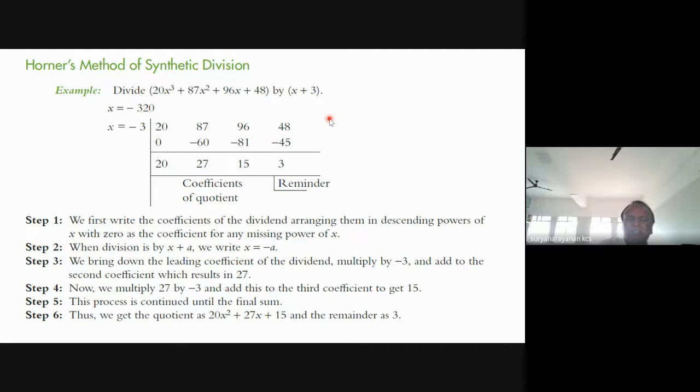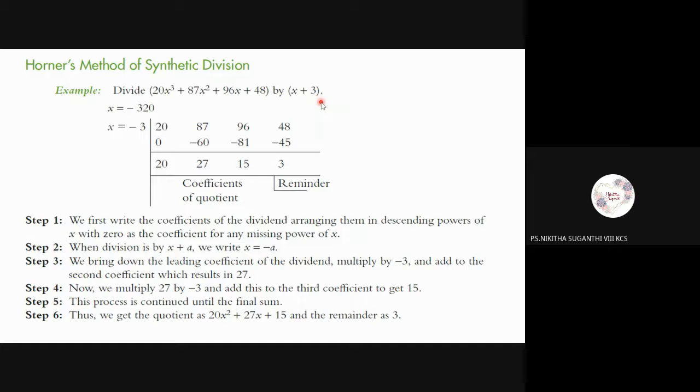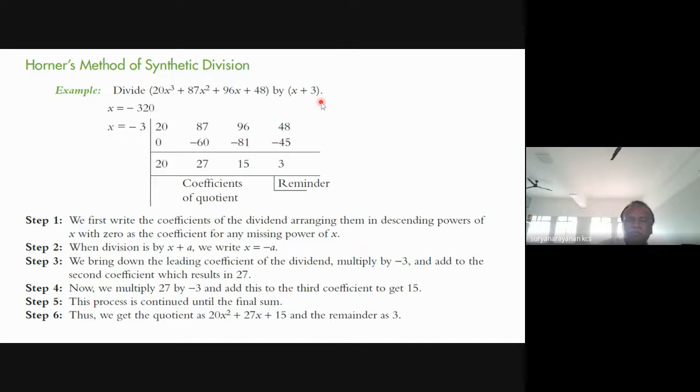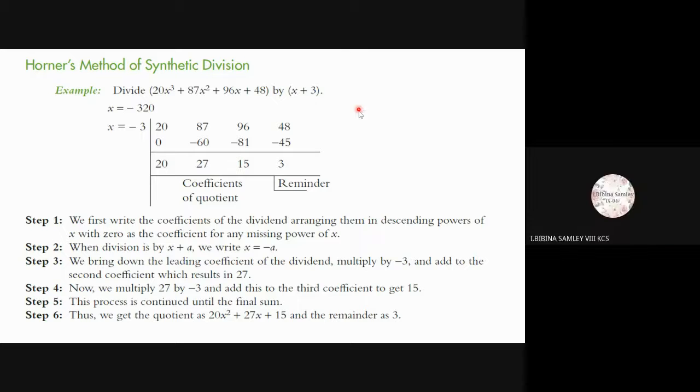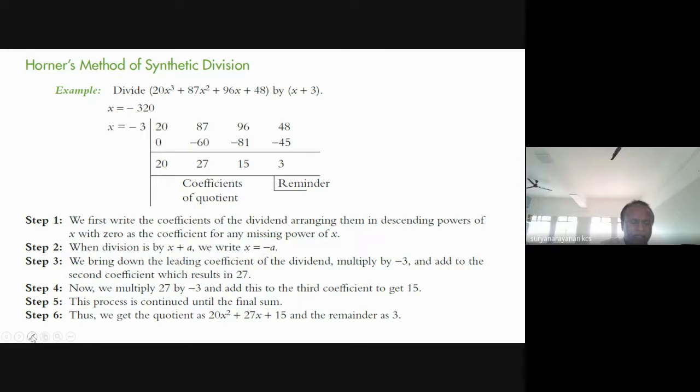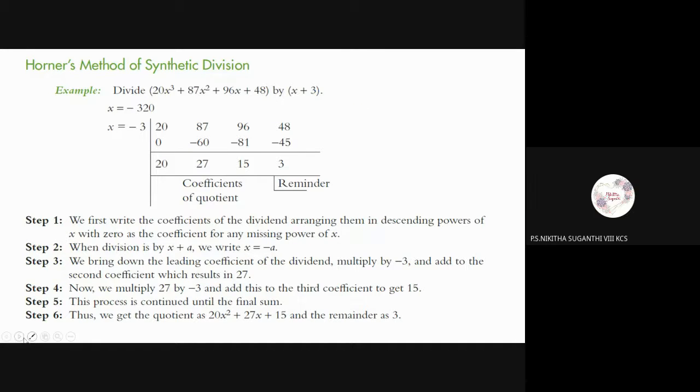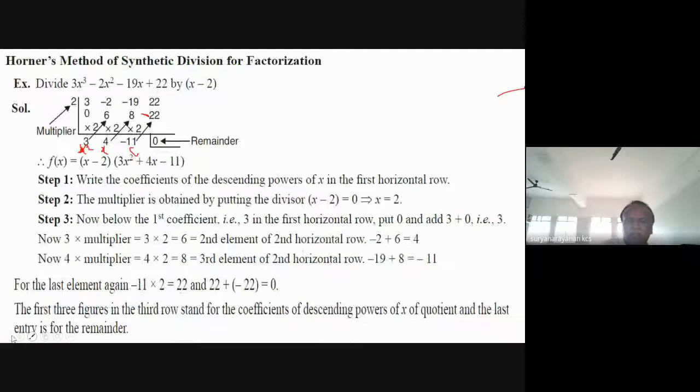Can you tell me what the multiplier is? No, you are wrong. How did you find the multiplier in the previous slide? See the second step.